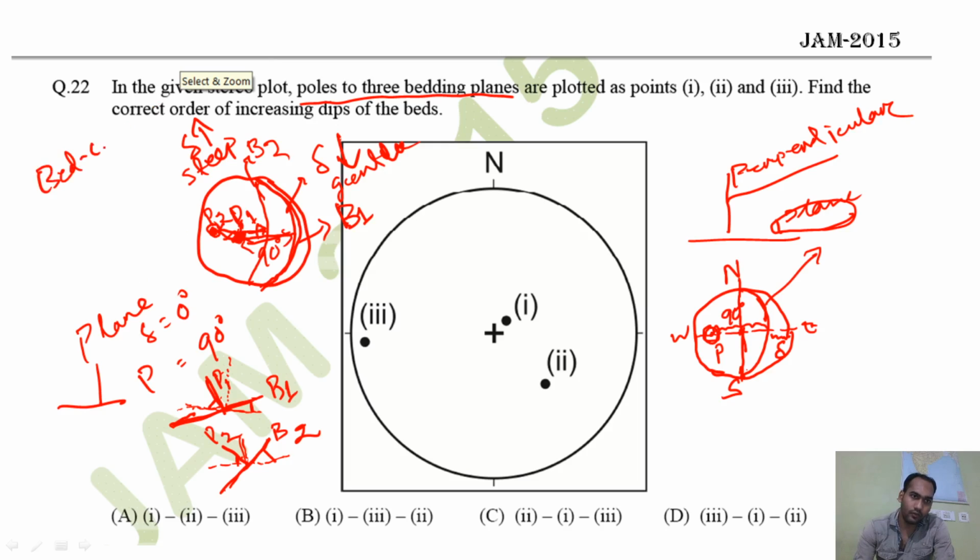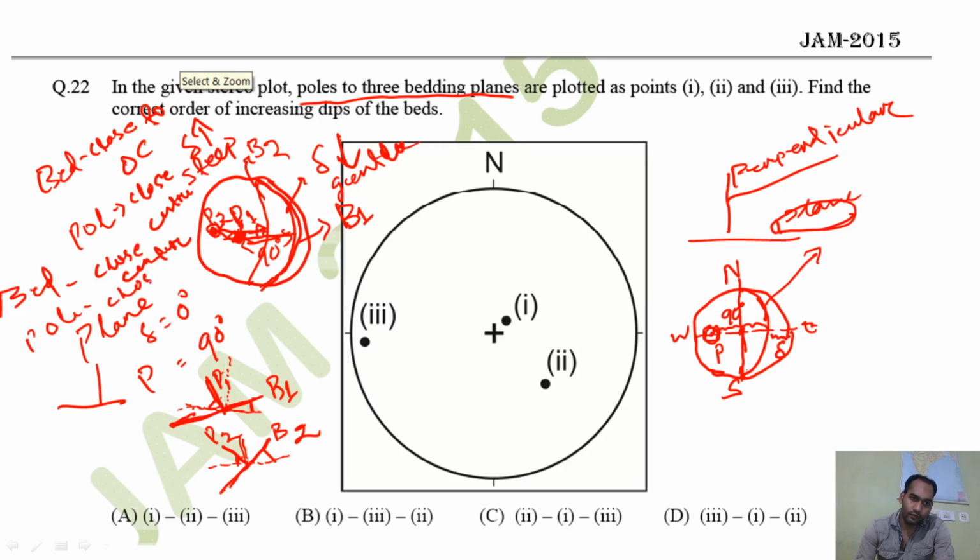If the bed is closer to the outer circle, the pole will be closer to the center. If the bed is closer to the center, then the pole will be close to the outer circle.